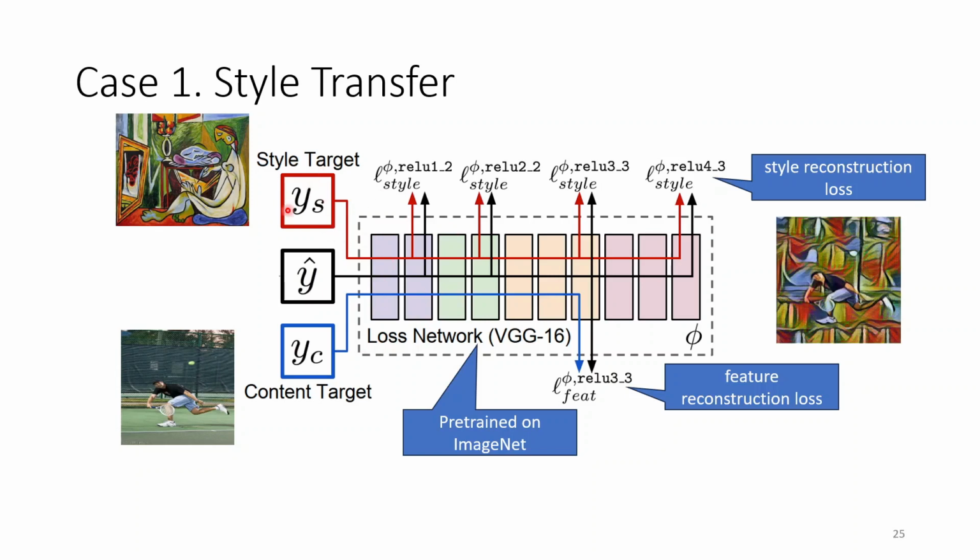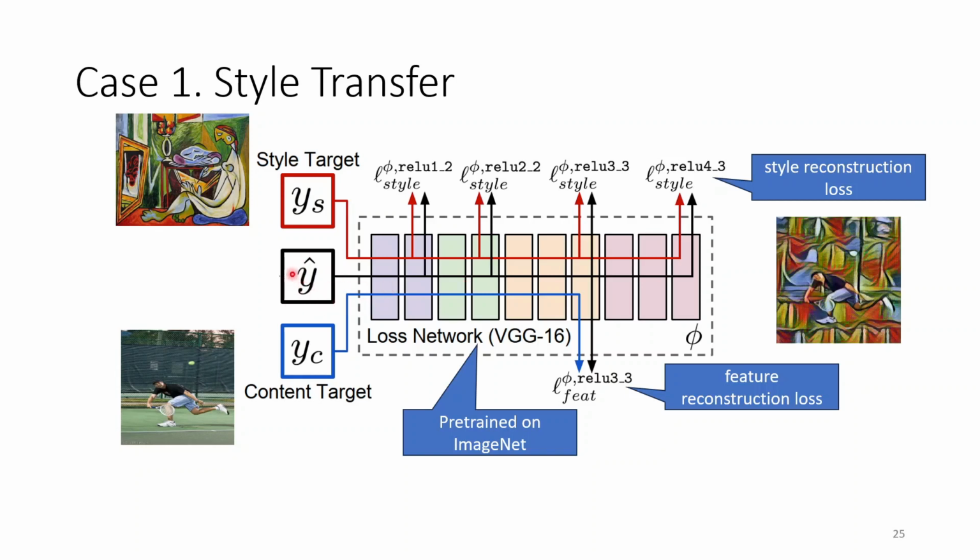So for each layer, the style target image will generate several feature maps, and the content target will also have several feature maps. So he wants to solve an optimization problem for the Y.